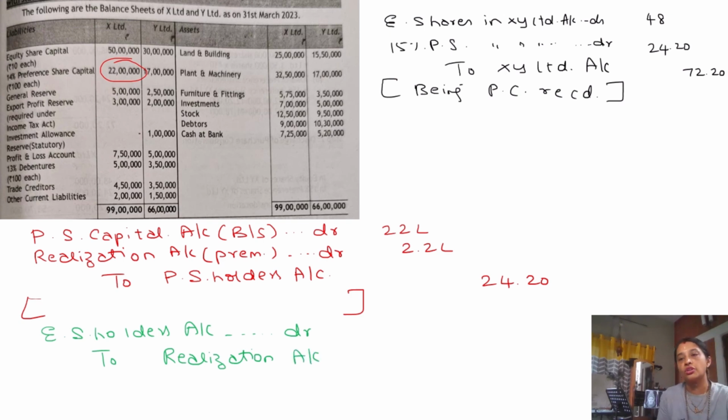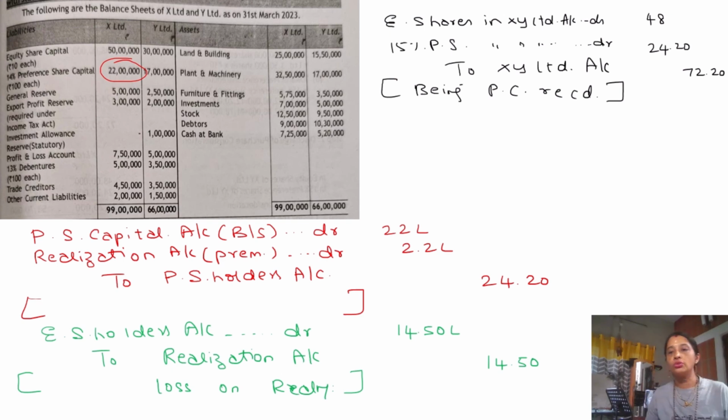So in the realization account, it will come on the credit side. The balancing figure will appear on the credit side. So the loss amount was 14 lakh 50,000. So this is loss on realization transferred to equity shareholders account.